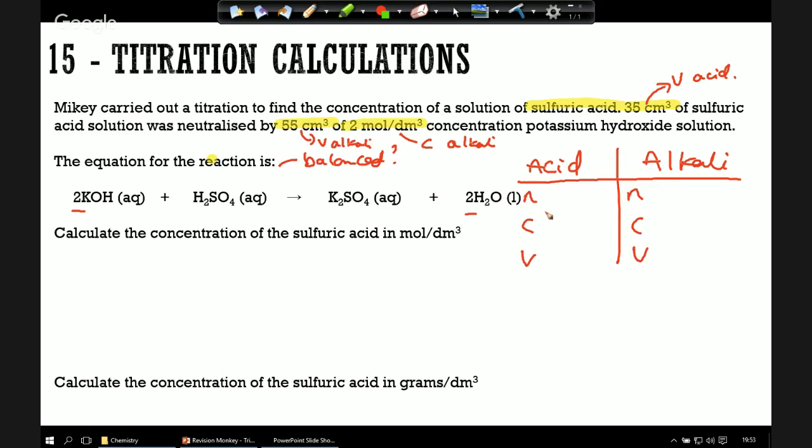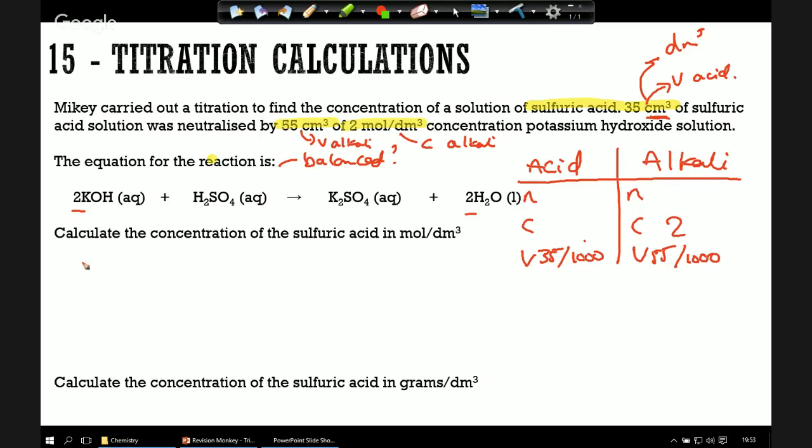So we fill in our numbers over here. So we've got 35, but don't forget we have to divide that by 1000 because this is in centimeters cubed and we need it in decimeters cubed. So write that in your table like that. For the volume of alkali, we've got 55 divided by 1000. For our concentration, we've got nothing for our acid, but we've got a 2 molar alkali.